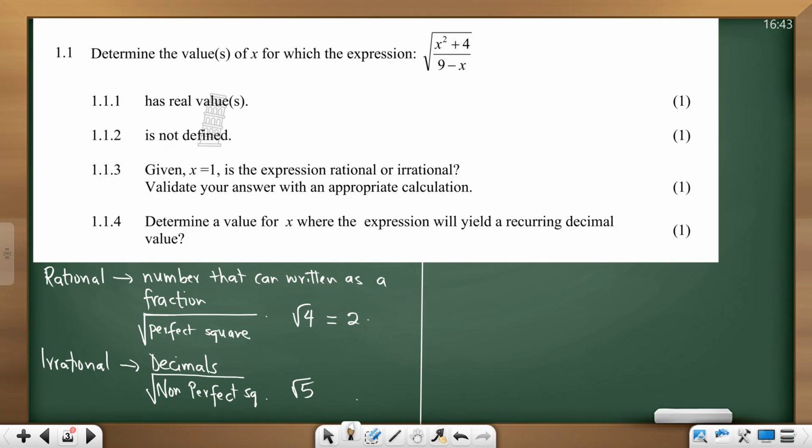Given x equals 1, what are we going to have? 1 squared plus 4 over 9 minus 1. What will this give us? Do you think this is rational or irrational based on what I just explained now?